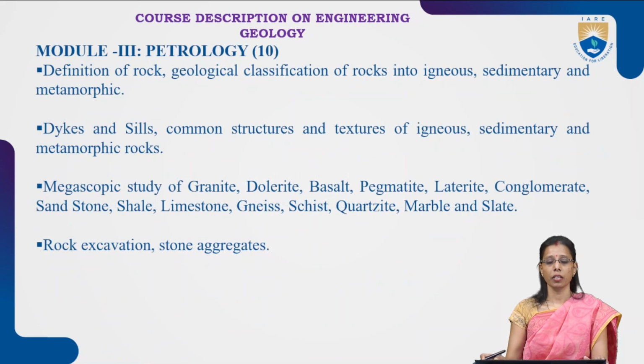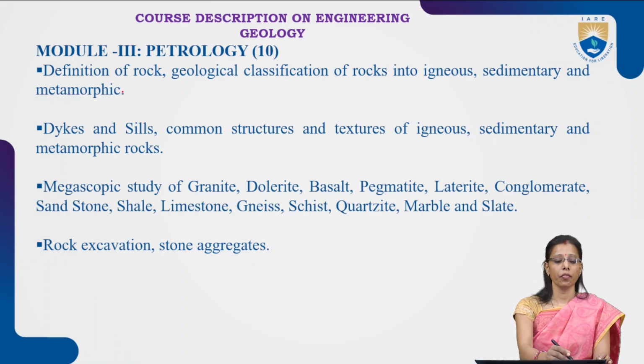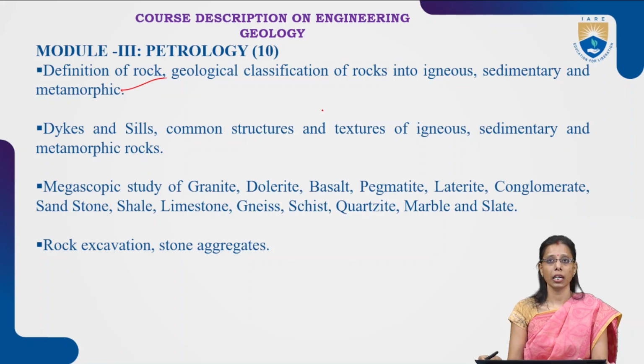Okay, so the next thing we study in module 3 is petrology. So what is petrology? In petrology we study the definition of rock, geological classifications, and the classification of rocks into igneous, sedimentary, and metamorphic. So we classify rock into 3 classes.